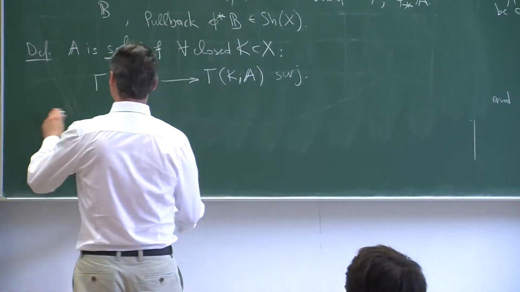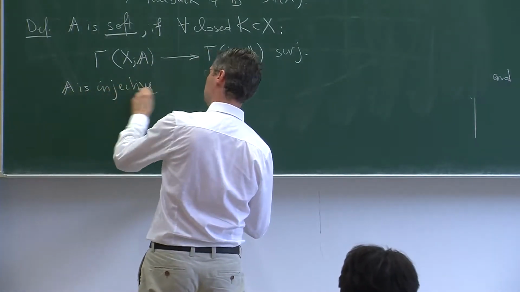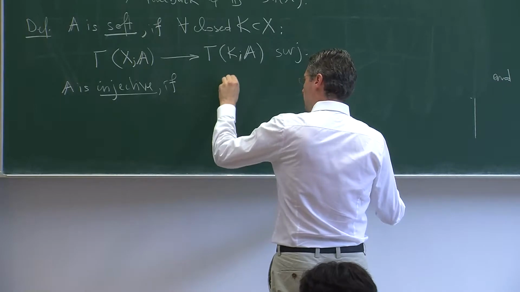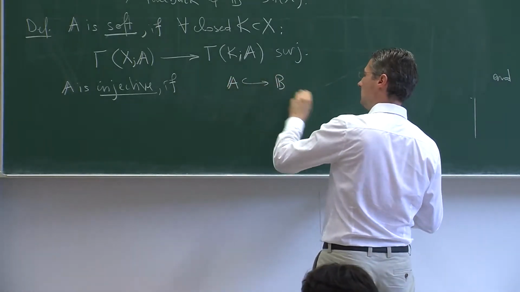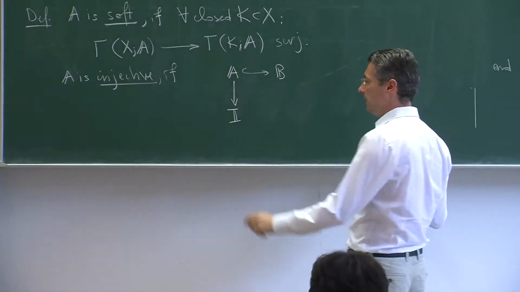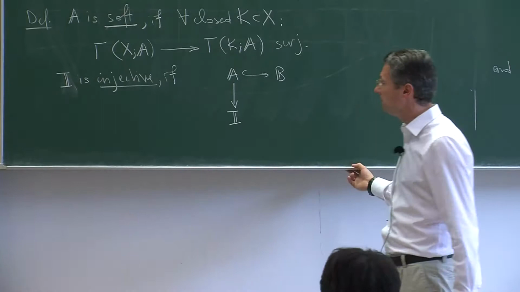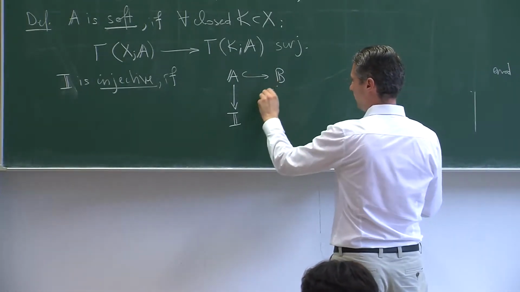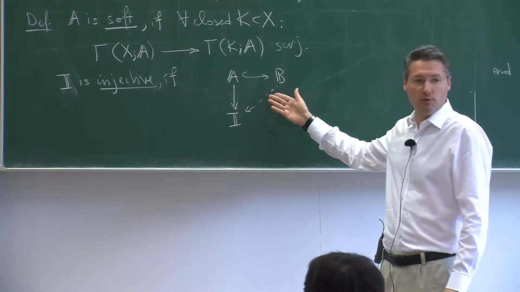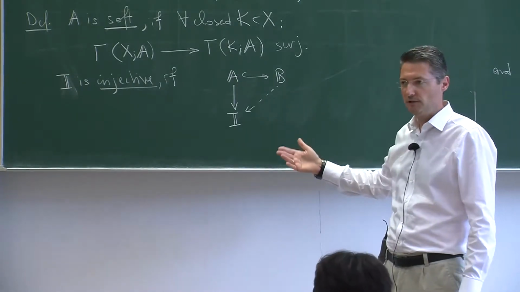And I need another class. A sheaf I is injective if whenever you have a diagram as follows, so you have a monomorphism of sheaves and some morphism into I, you can find an extension to the sheaf B. So this is, in fact, exactly what you say in homological algebra when you define what an injective abelian group is, for example, or what an injective module is.